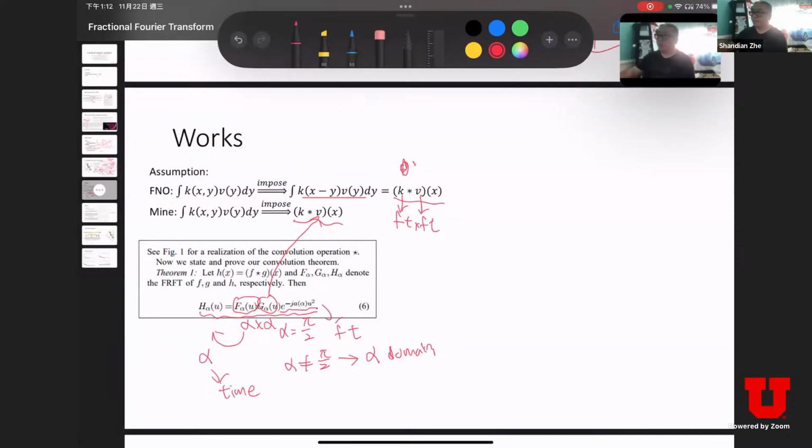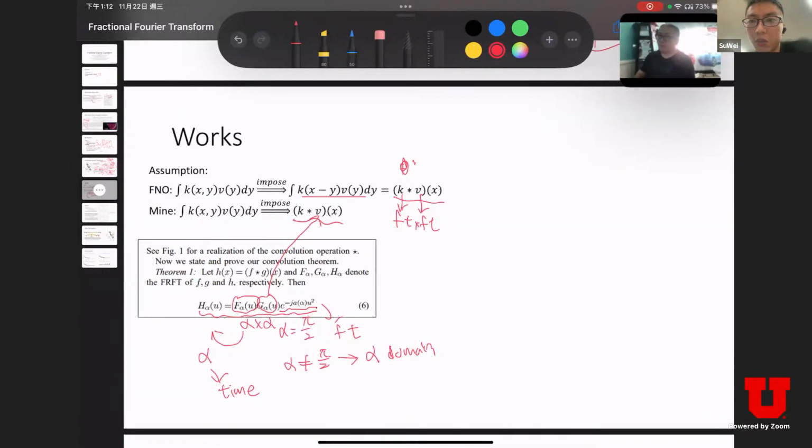You have to assume your k has a similar form, only determined by the difference between the inputs x and y. Okay, I didn't check that in detail, so I probably have to check that. Yeah, I guess they're going to use the same constraint. That means your kernel must be translation invariant.